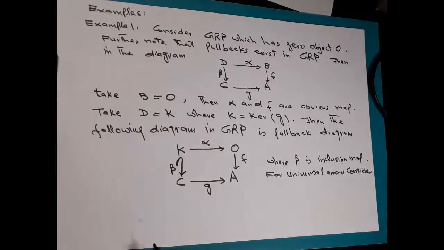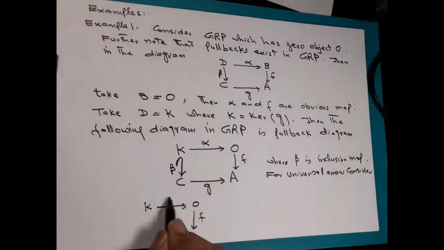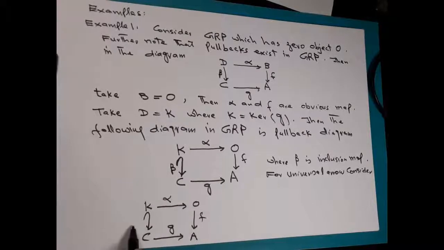We have the same diagram from K to the zero object, then from the zero object to A, which is an obvious map, and this is an obvious map as well. This is the group homomorphism G, and this is the kernel of G, which is a subgroup of C. So this is the inclusion map beta.